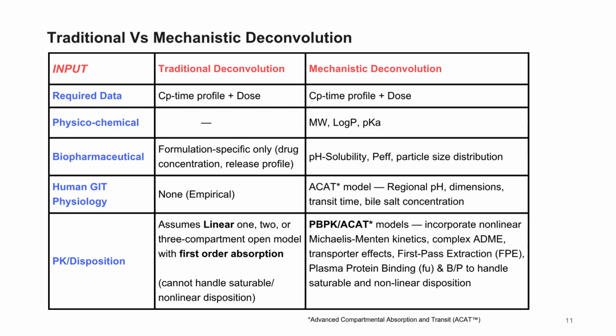The ACAT model incorporates detailed human GI tract physiology, including regional pH values, segment dimensions, transit times, and bile salt concentrations. Mechanistic deconvolution integrates PBPK and ACAT models to incorporate nonlinear Michaelis-Menten kinetics and complex ADME processes, including transporter dynamics across the gut wall and liver, first-pass extraction, FPE, plasma protein binding and blood-to-plasma ratio to allow accurate deconvolution under saturable clearance and nonlinear disposition.